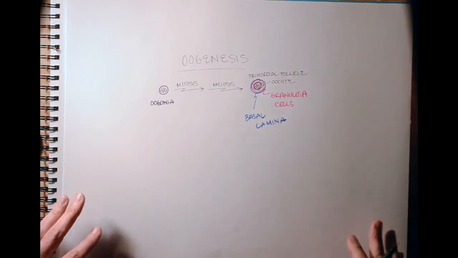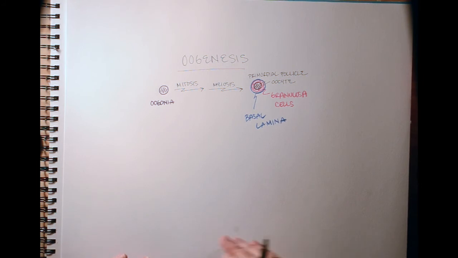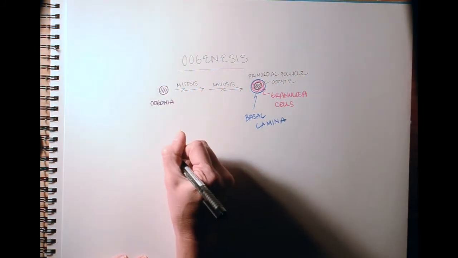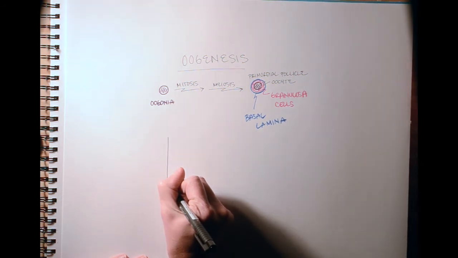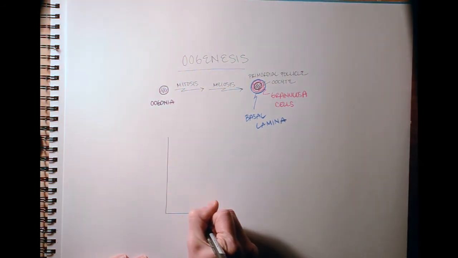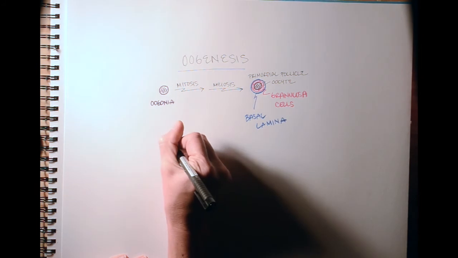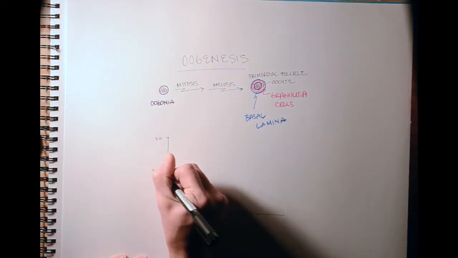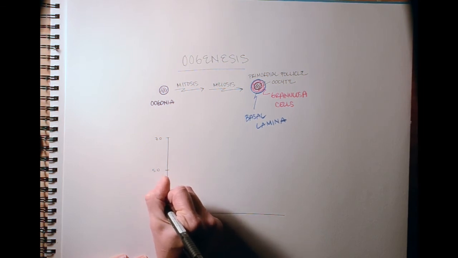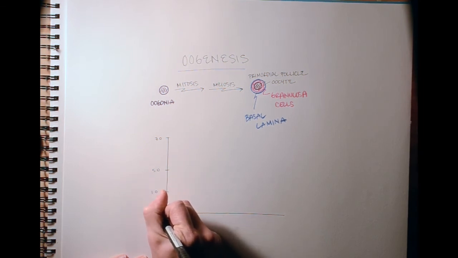In essence, we'll have a population of primordial follicles which will then be recruited on a regular basis. So if we looked at the follicle pool in females, this is 7 million, 5 million, 1 million, and half a million.